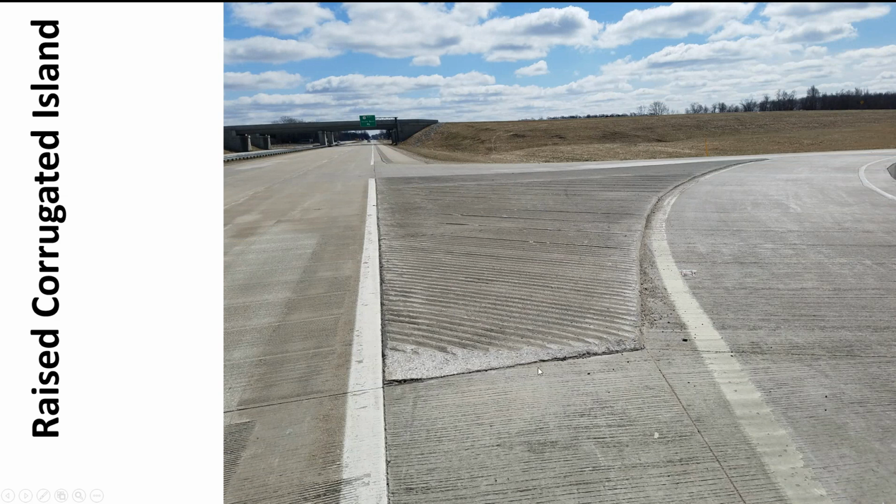And you can see where the snow plows have chewed off the leading edge of this thing. So they don't see it in the snow and they just run right up over it and have peeled off the first corrugations, and also a little bit along this edge. But this isn't terribly hazardous, right? If you hit this, you'll feel it, but it isn't going to hurt you, right? And so this is what NDOT likes to use in the rural situations, raised corrugated island, right?